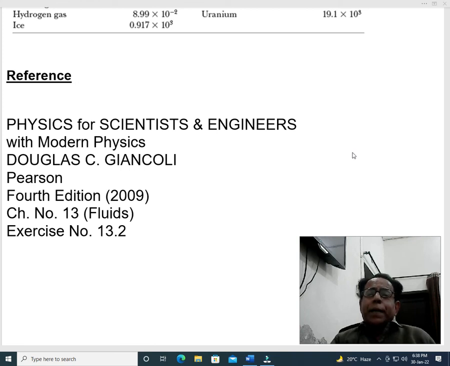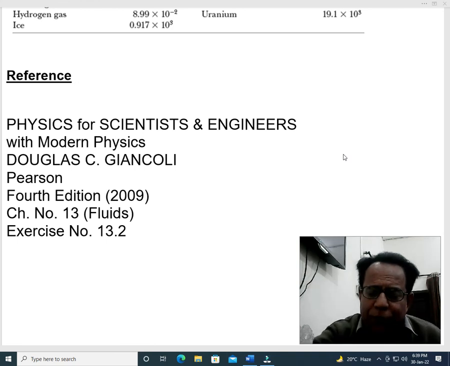The chapter under consideration is chapter number 13 under the title Fluids. This problem is enumerated as the second problem of this chapter, that is exercise number 13.2, and this is the end of our module.